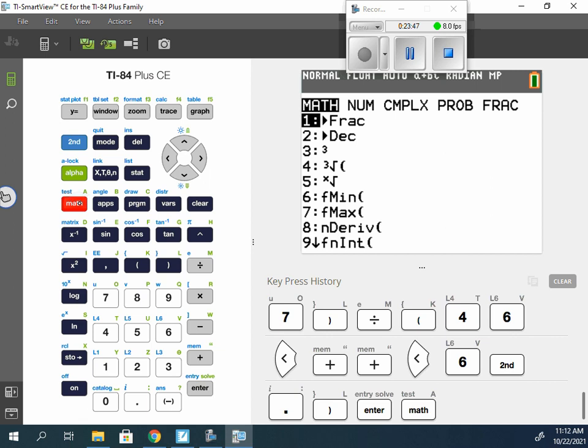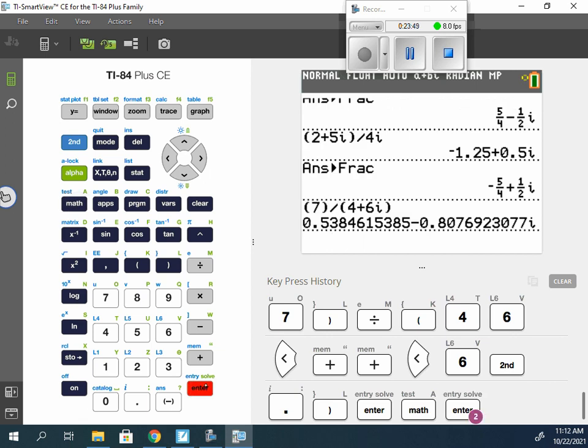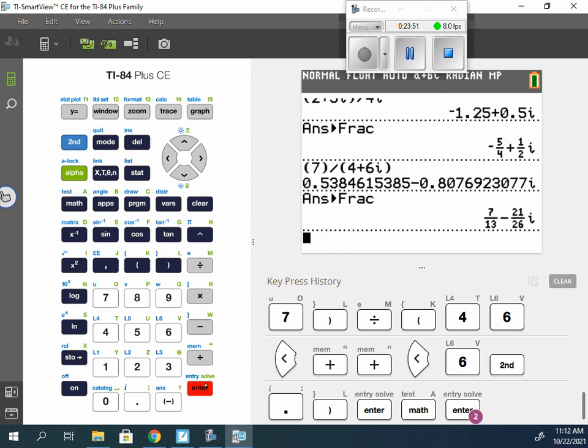Okay, well, it gave me a fraction. Is that what we got? And that's it. Now, with some of these here, even if you're not sure if we need the parentheses or not, go on and put them. Because having them and not needing them won't hurt. If you need them and don't put them, it can change the answer.